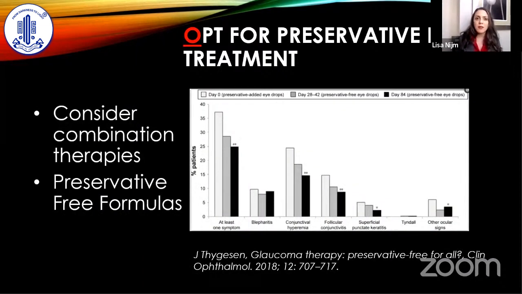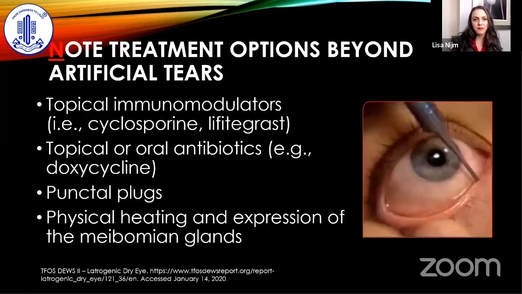You want to consider combination therapies whenever possible and look for preservative-free formulas to be gentler on the ocular surface from the very beginning. And this paper from Tygeson highlighted how there was a decrease in concomitant symptoms of OSD when preservative-free medications were used or when patients were switched from preserved drops to preservative-free drops.